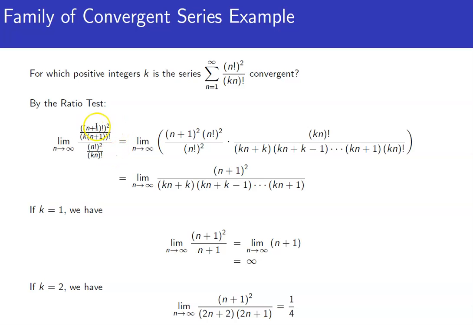Let's put the (n plus 1) factorial squared with the n factorial squared. That's this first term here. And then put the kn factorial with the k times (n plus 1) factorial. That's the second term here. Notice that (n plus 1) factorial squared is (n plus 1) factorial times itself.